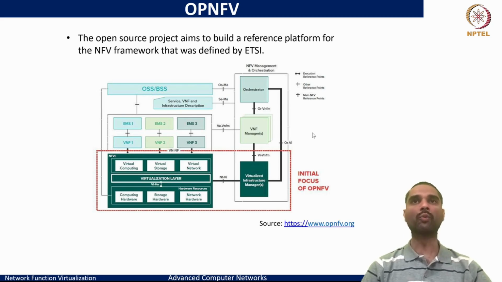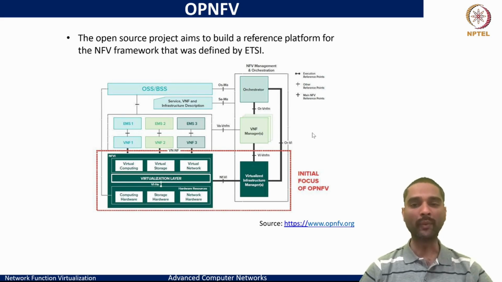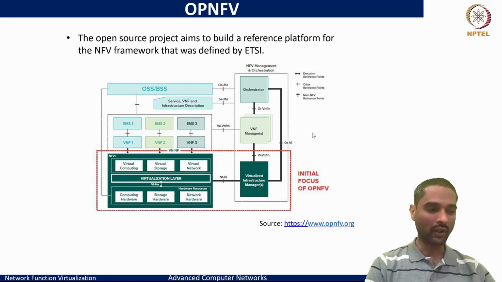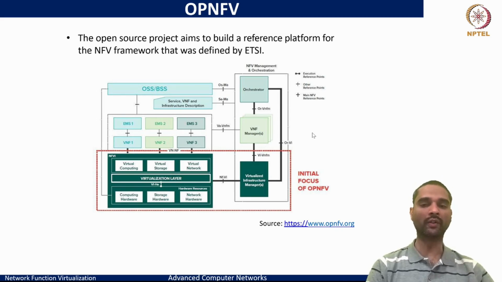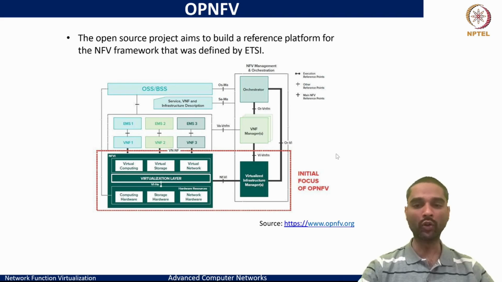What OPNFV tries to do is facilitate real implementations of the reference points that we discussed in the earlier reference architecture. It initially started with a focus on the virtualized infrastructure manager, implementing how to bridge the interface between the virtual infrastructure manager and the network function virtualization infrastructure as a key piece, and then it started to build all the other components.